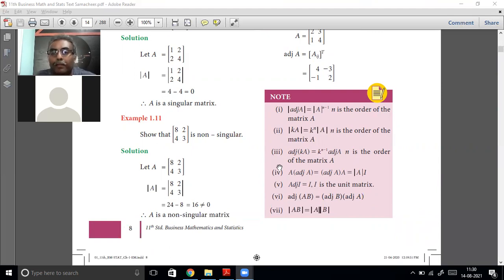Now, the determinant of adjoint of A is A determinant to the power of n minus 1, where n is the order of the matrix.